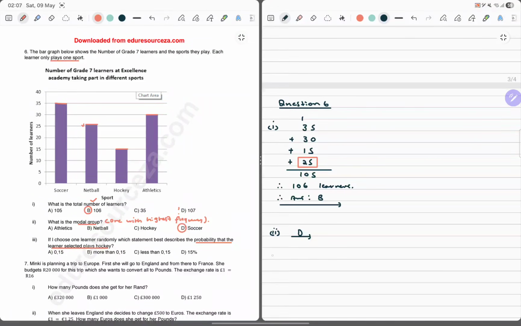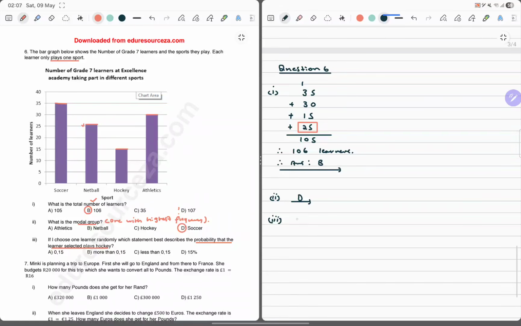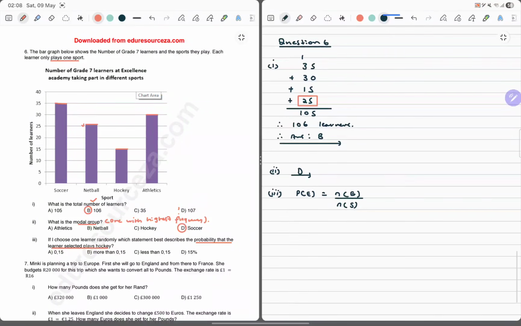Now we know, folks, for number 3, that the probability of any event E is going to be the number of ways in which E occurs in this sample, but divided by the number of outcomes in the sample space. All right, so this means we've got how many hockey players? 15. Divided by how many? Now we chose 106. So we're going to have to stick with it here.